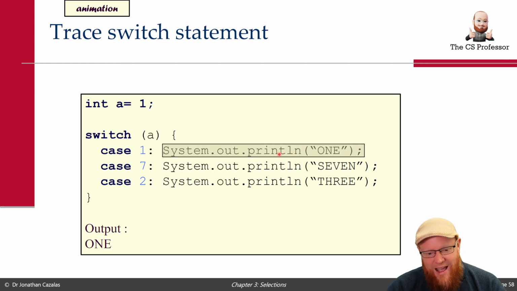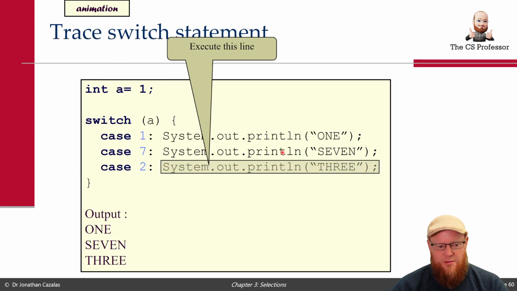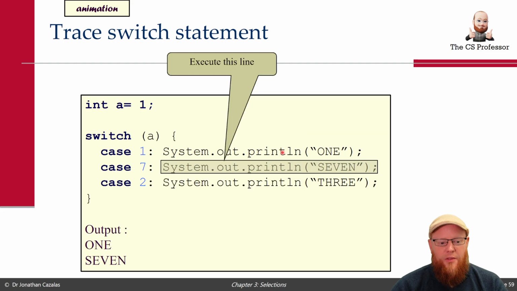So now we're going to execute the code that is part of case 1, and we're going to print this statement with the word 1 inside. Now, here's what's weird on this example, but we're still going to print 7, and we're still going to then print 3, which is kind of weird. You might say, but a was not equal to 7, a was not equal to 2, a was equal to 1. That's correct.